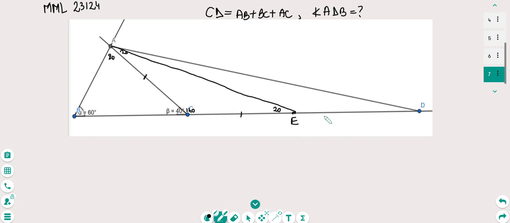Right. We have this triangle. So that's really cool. Okay, so we have CD, in other words, is CE plus ED.